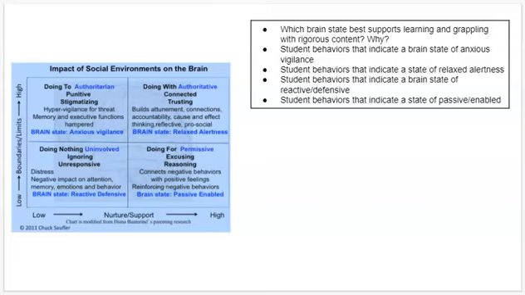Student behaviors that indicate a state of being relaxed and alert. Student behaviors that indicate a brain state of being reactive and defensive. Student behaviors that indicate a state of being passive and enabled. So think about the kiddos in your classroom. What are some of those behaviors that you see in any of those four? And once again, put this on pause so that you can reflect.